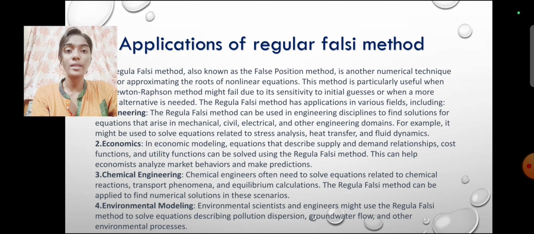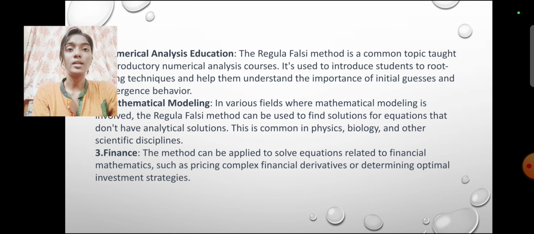The regula falsi method can be applied to find numerical solutions in these scenarios. The fourth one is environmental modeling. Environmental scientists and engineers might use the regula falsi method to solve equations describing pollution dispersion, groundwater flow, and other environmental processes. Let's move forward to the next slide.